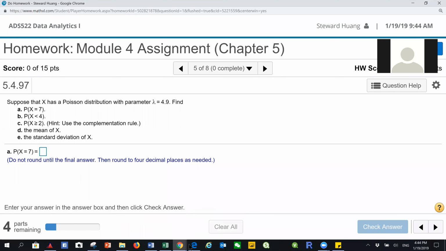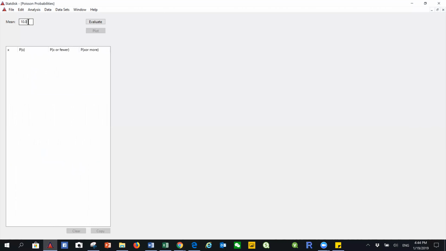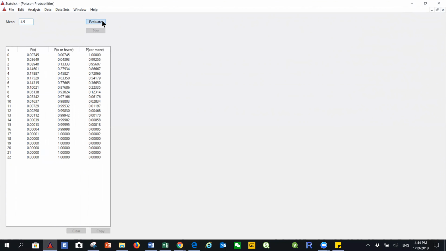It's 4.9. Evaluate. Look, it gives you everything. It gives you lambda, which is equal to this mu, according to the slide I've shown you, and its standard deviation, the square root of 4.9. You get 2.21 as its standard deviation.